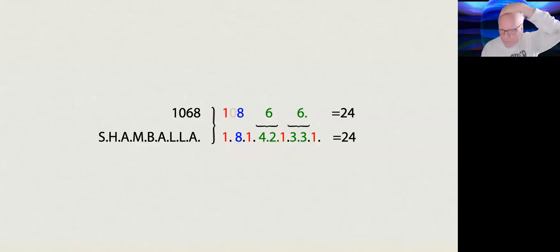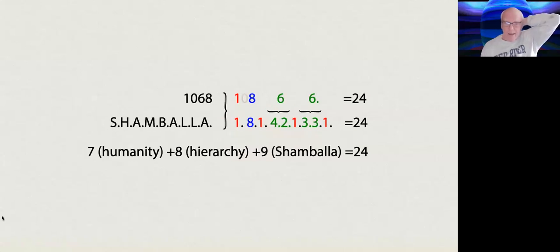You see the connection? We also learned that the 7 of humanity and the 8 of hierarchy added to the 9 of initiation also gives 24, suggesting that from a synthetic perspective, Shambhala represents the cycle of evolution that leads humanity into monadic awareness, which is expressed through the 5th kingdom in nature.